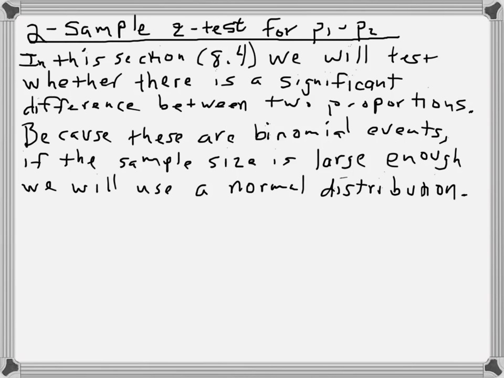And we learned that if we have a large enough sample size or trial size, these binomial events follow a normal distribution. So we're going to be essentially going back to our z-tables and using a z-distribution.